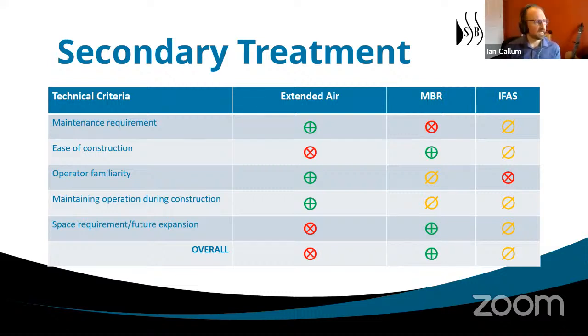And as you can see here, the MBR technology came out as the preferred option in terms of technical criteria, largely because it rated high in terms of space requirement. It doesn't take up a lot of space, so there's a lot of options for future expansion, which is quite important. And it's also quite easy to construct. The existing aeration tanks at the water pollution control plant can be repurposed to make use of that new technology.